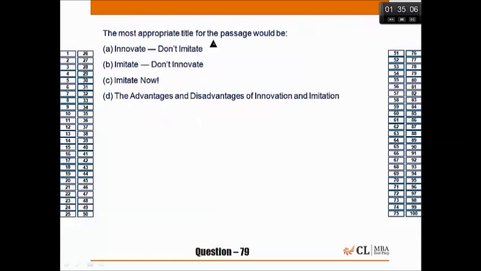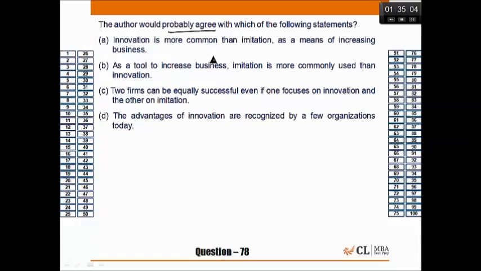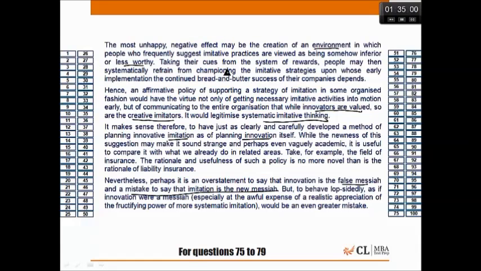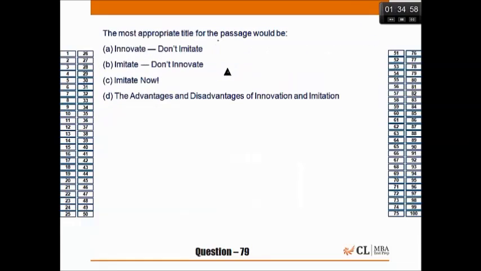The most appropriate title of the passage would be this. Let's check it. Innovate, don't imitate. No, that's not what he's saying. Both. Imitate, don't innovate. No. Imitate now. The advantage or disadvantage of innovation imitation. This is imitate now.